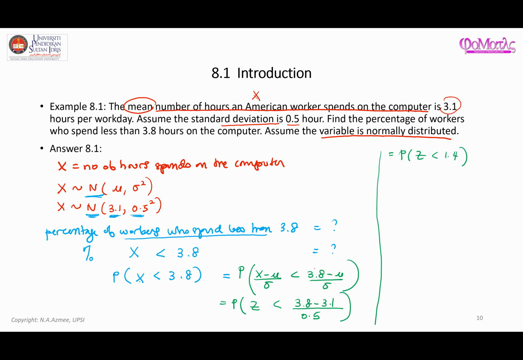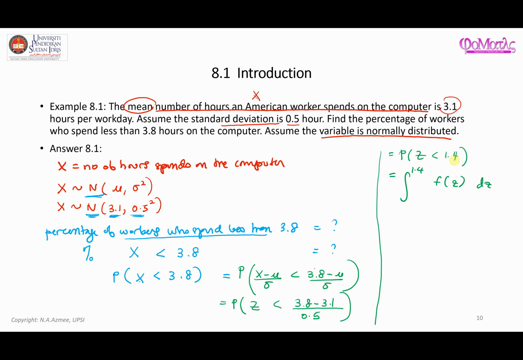And again, according to the theory that you have learned in the earlier chapters, if you want to find the probability of z less than 1.4, what you need to do is integrate the probability density of z with respect to z from negative infinity until 1.4, because this is the upper limit.